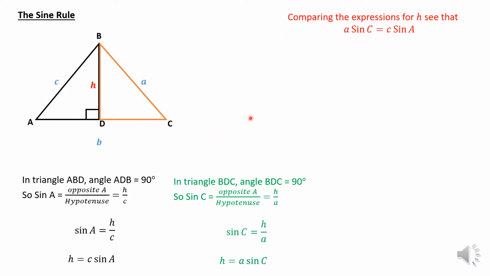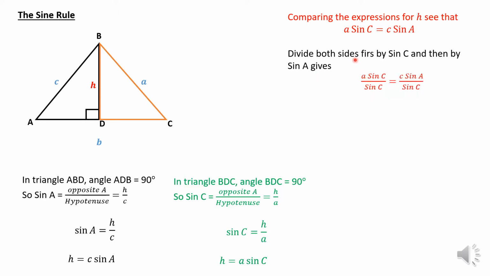So if we then compare these heights with each other, A sin C equals C sin A, and I divide both sides firstly by sin C and then by sin A. When I divide by sin C, you will realize the sin C's cancel each other.